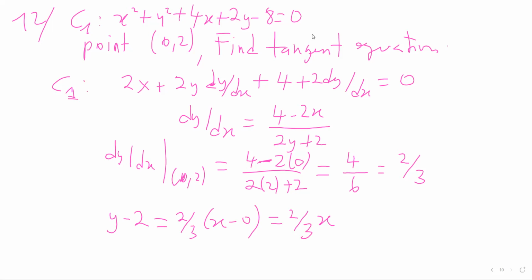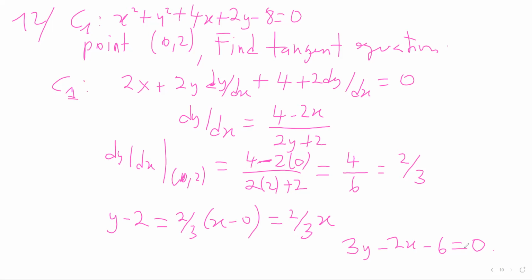So altogether you should have 3y minus 2x minus 6 equal to 0, as the equation of the tangent at the point (0, 2) to the circle that was given.